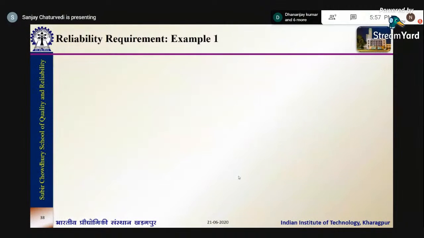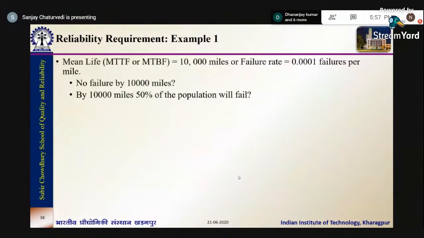This is, in fact, 3-4 examples through which one can understand why MTBF or MTTF is not a valid measure, or why one cannot design the system with a given MTTF. It can give you a wrong signal once a designer says I have designed for an MTTF of 10,000 miles, and still the reliability targets have not been met, or there are more failures at the beginning.